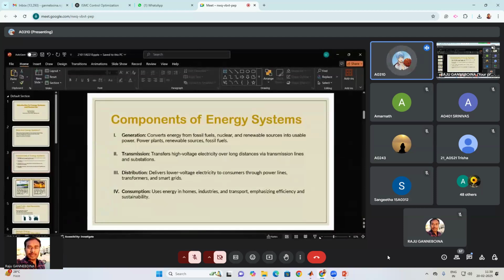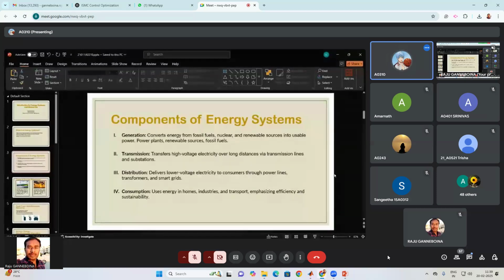And distribution is when the power is transmitted to a substation, distributing it to the required place or location. And consumption means basically the usage of energy by various consumers.